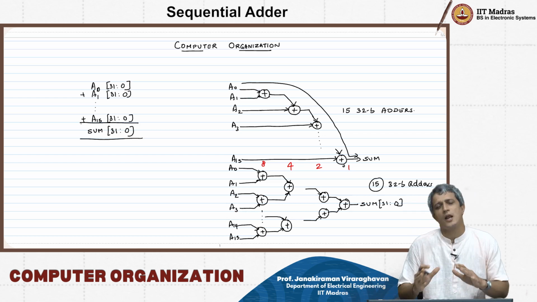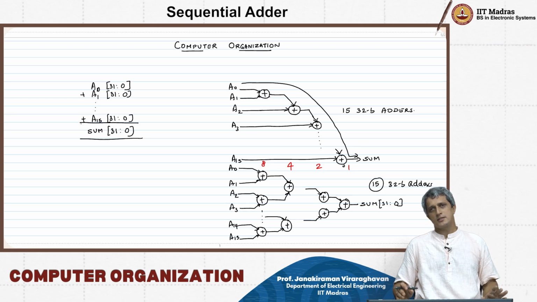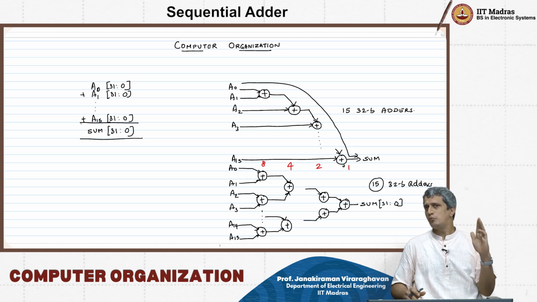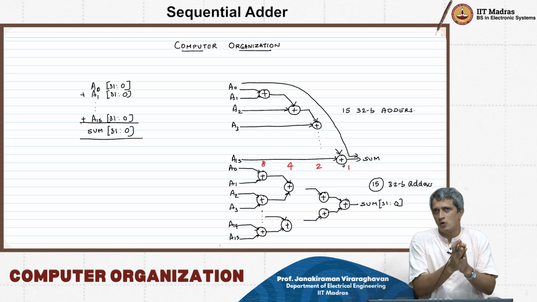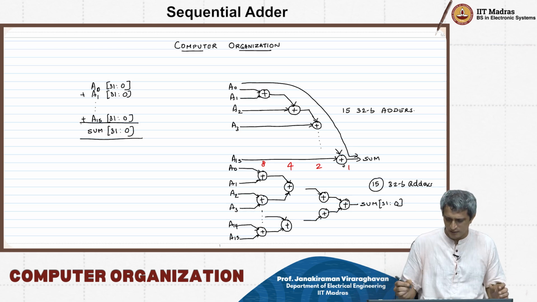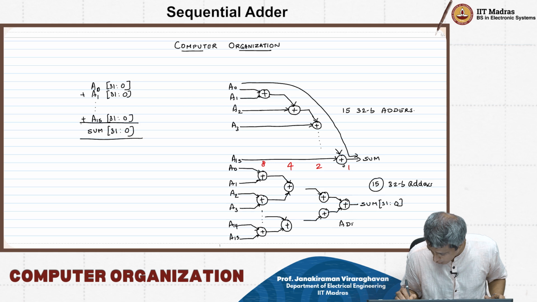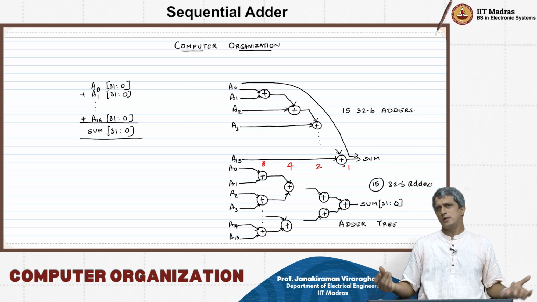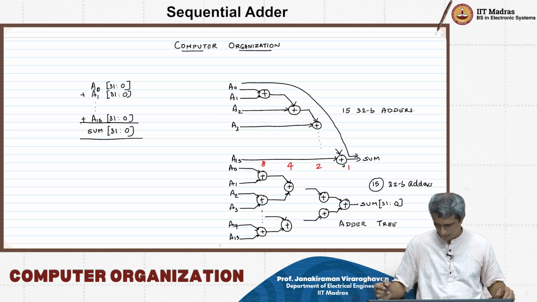So the key point here is, if all the numbers that you have to add are available to you at t equal to 0, then there are many optimized implementations of this addition that you can do, like this. This is called an adder tree, by the way, and you can get the answer out in the fastest possible manner.